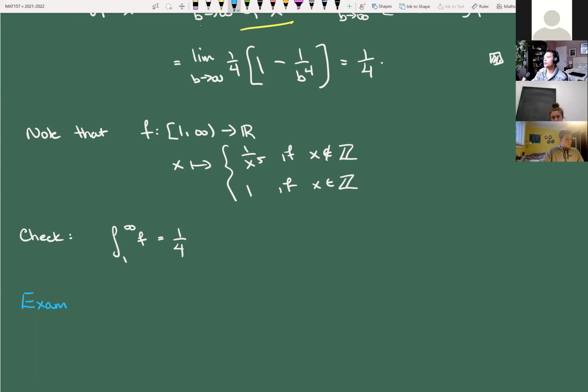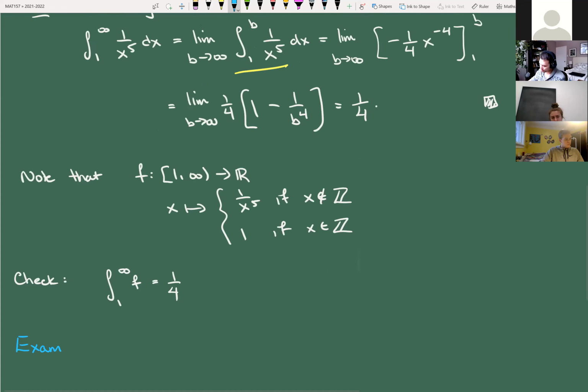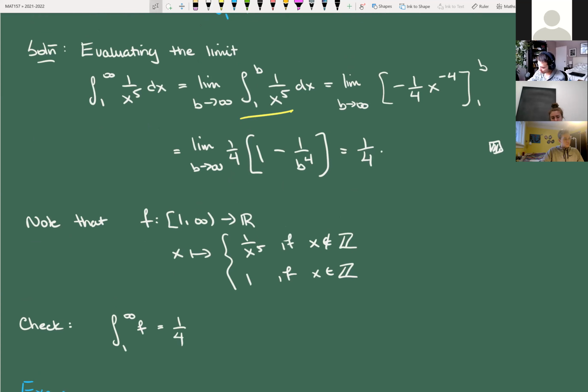Because, yeah, okay, let's see. What could happen? So strictly speaking, by the definition, the problem is that when you take a limit over here, you're taking a limit over the interval 1 to b. And if at any point you encounter an interval on which your function isn't integrable, it stays in there forever.